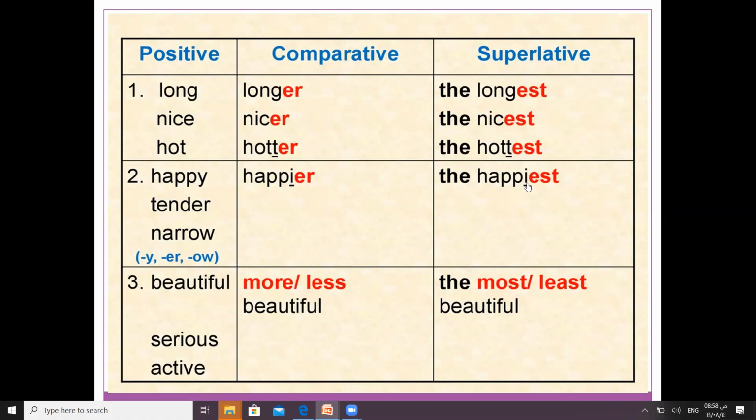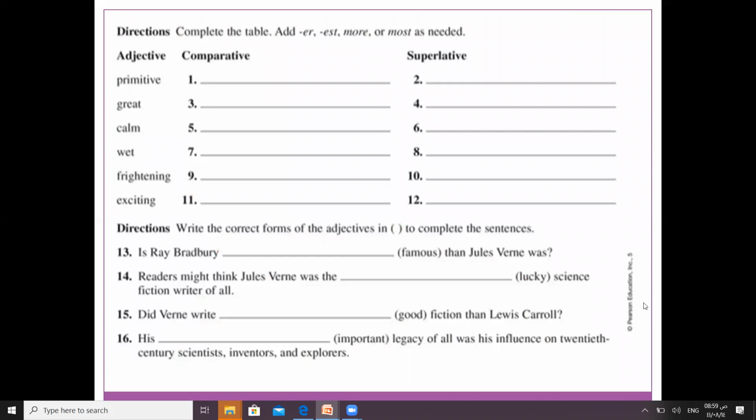If I have 2 syllables with Y and before the Y a consonant, same, I will cross the Y and add I, then EST. If my adjective has more than 2 syllables, in the superlative, I will use before the adjective most or least. So this is the lesson of today, superlative and comparative adjectives.